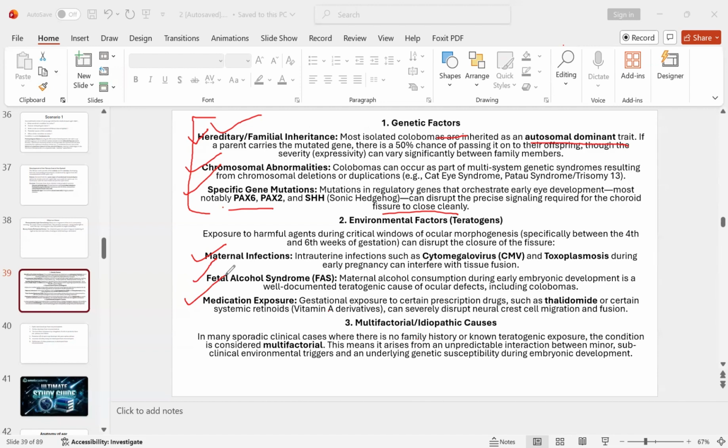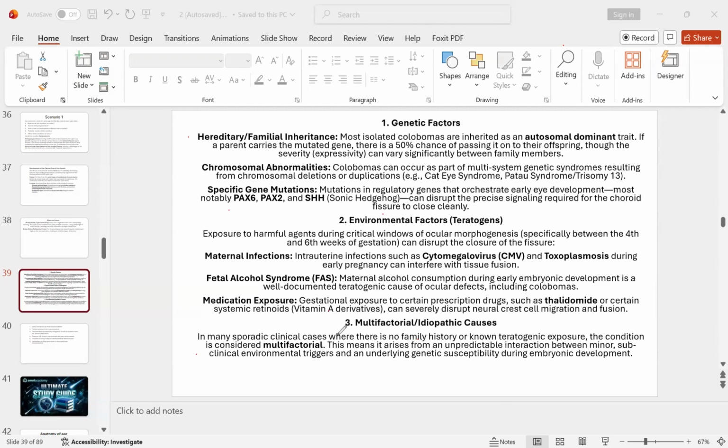Gestational exposure to certain prescription drugs such as thalidomide or certain systemic retinoids such as vitamin A derivatives can severely disrupt neural crest cell migration and fusion of the choroid fissure. So these are the three environmental factors, or you can say teratogens, that are responsible for causing iris coloboma.